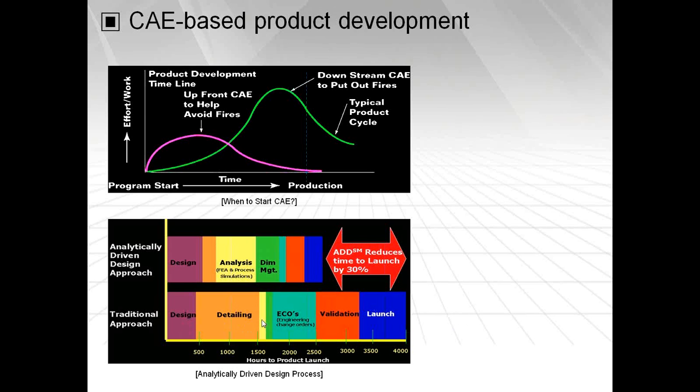So you have a very big step for detailing, and then this step about the engineering change orders, you see you have almost none of this step here, because using the upfront CAE you will avoid all that. And final validation and loans, all that takes a lot of time. So you save almost 30% of the time using CAE analysis.